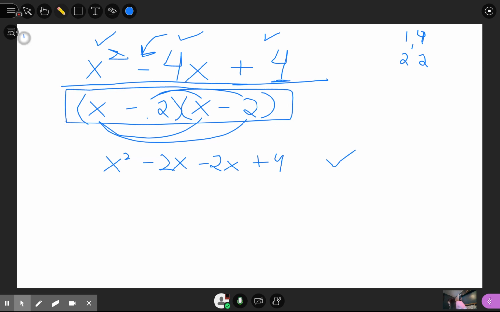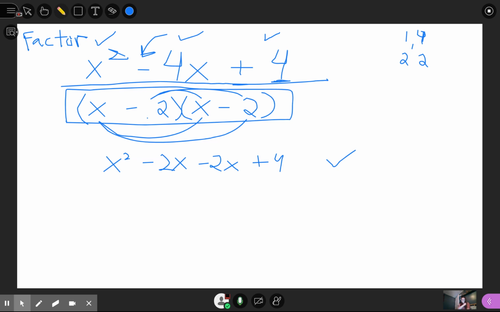So when you see the instructions factor, you're trying to find something times something that gives you that initial polynomial that you started with.